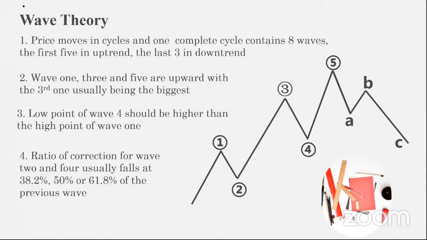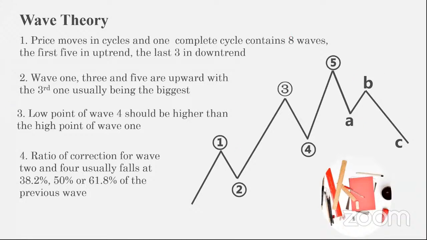In summary, what you need to know about wave theory, the key notes. Firstly, the price moves in cycles, and one complete cycle contains 8 waves. The first 5 waves are in uptrend, and the last 3 are in downtrend: 1, 2, 3, 4, 5 in uptrend, A, B, C in the downtrend, right?